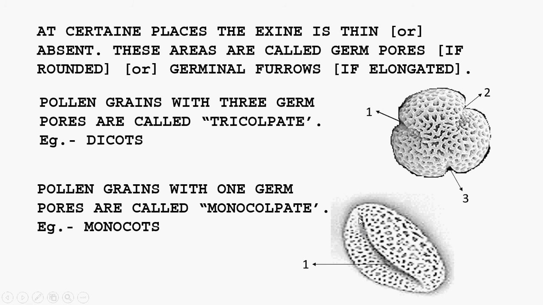So this is the germinal furrow. The pore is elongated, whereas in the first picture these three pores are rounded germ pores. Here the pore is elongated, so it is called the germinal furrow.